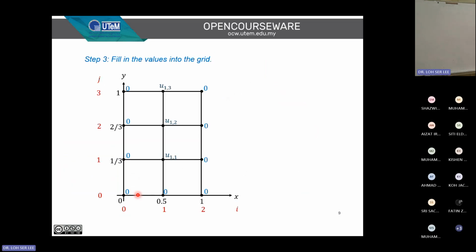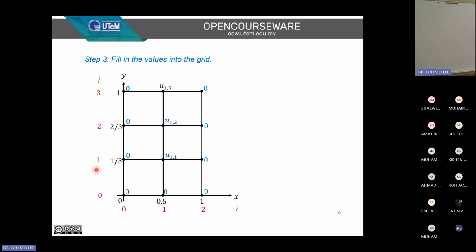Okay, u_t. So the one that is given should be t. When t equals 0, that means this is the row. Okay, t equals 0. If we convert to the indexes of i, j, that means j equals 0.